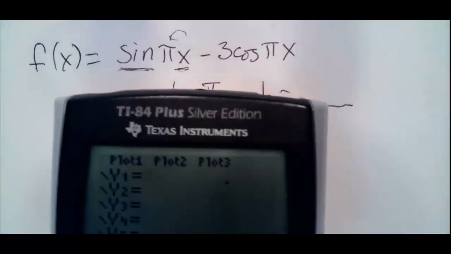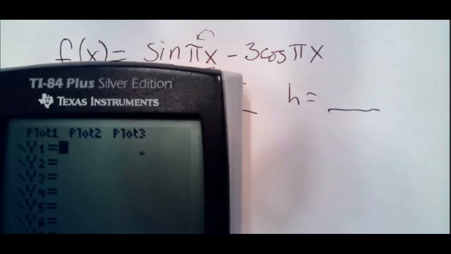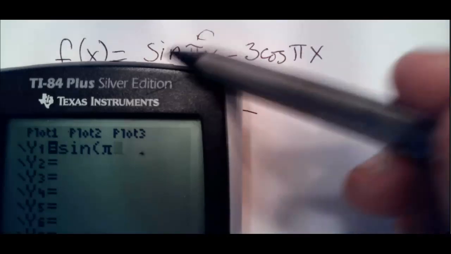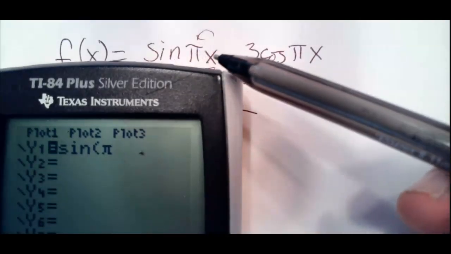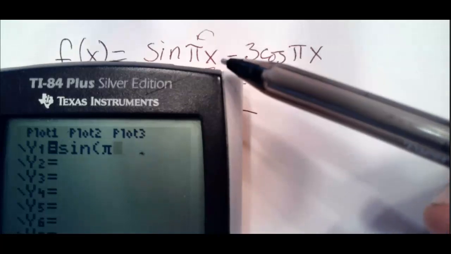So we have y equals 2 sine pi. Okay, be careful. Don't close up your parentheses yet, because if you look right here, it's pi times x. It's not sine pi and then x.